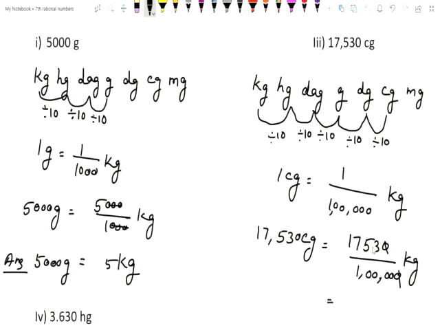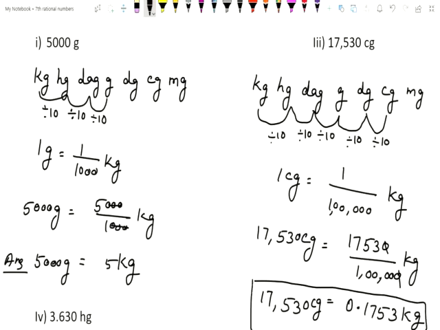So 4 decimals you want to keep. So 0.1753 kilogram. What is the answer, children? 17,530 centigram equals 0.1753 kilogram. You understand, children? See the next question.